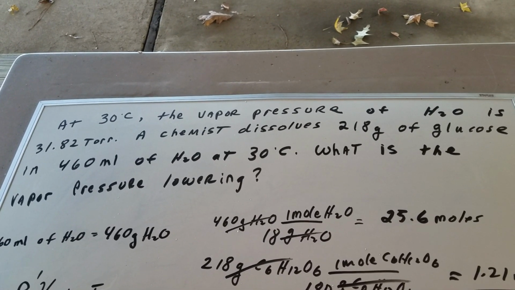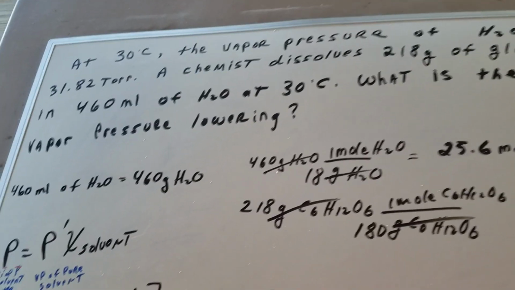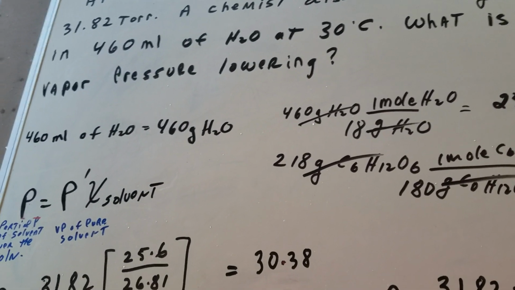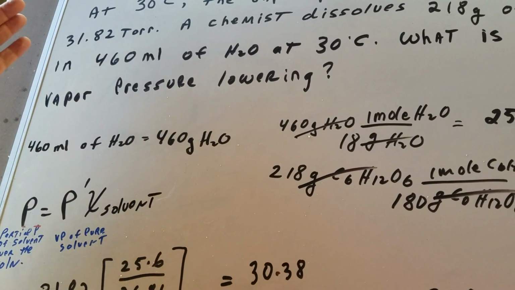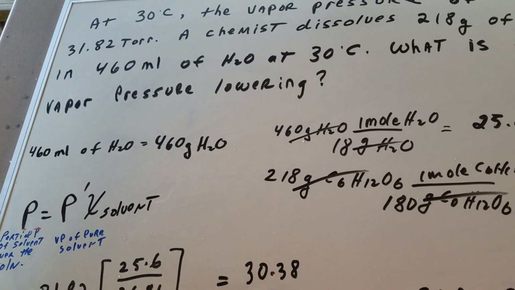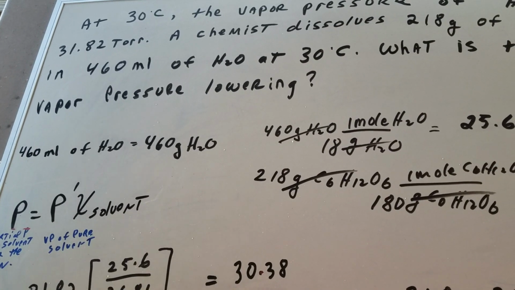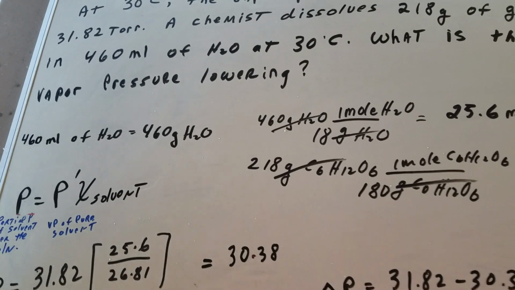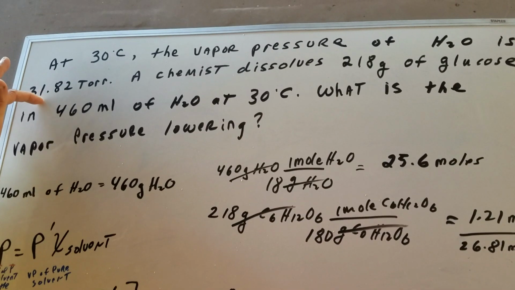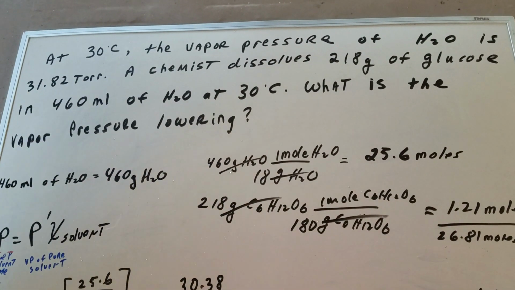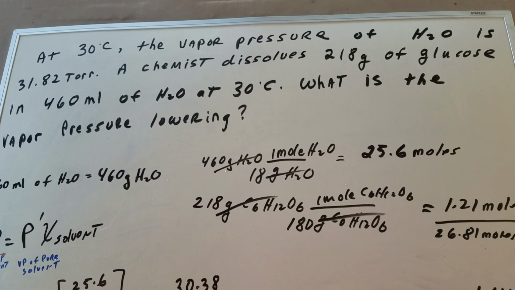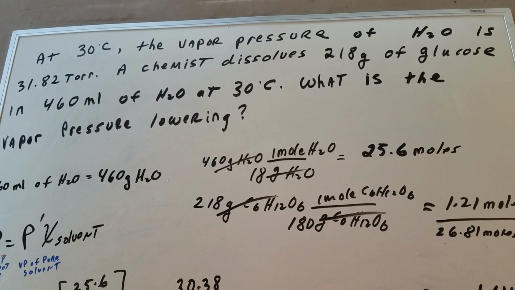The first thing we have to do is get a ballpark idea of what's going to happen: the vapor pressure is going to lower. So if you're starting at 31.82, the vapor pressure is going to go down. Even if you knew nothing and had to guess, maybe 31.10, 30.90, something like that, this number has got to drop. No matter what, we've got to get an answer in which that number drops, and then we're going to look at the difference.